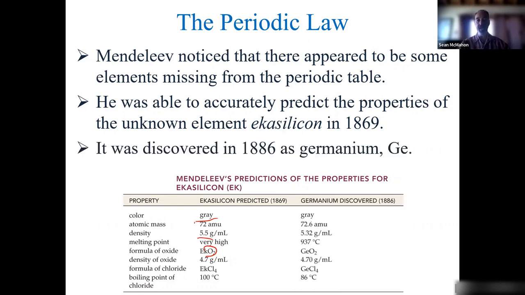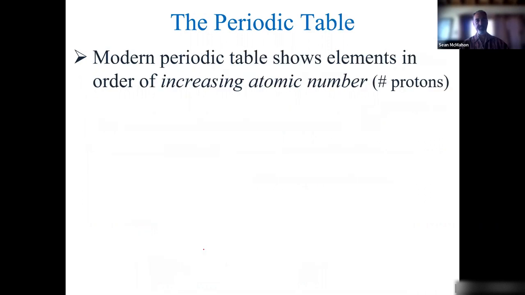And surprisingly, in 1886, germanium was discovered, and it actually has very similar properties based on his prediction, because that's what a law does. It tells you what's going to happen. And it was a very valid prediction.